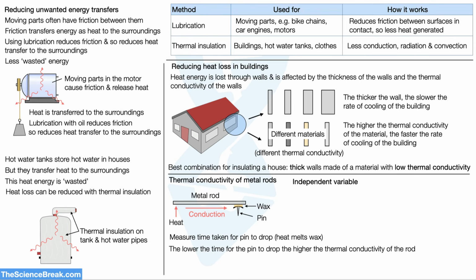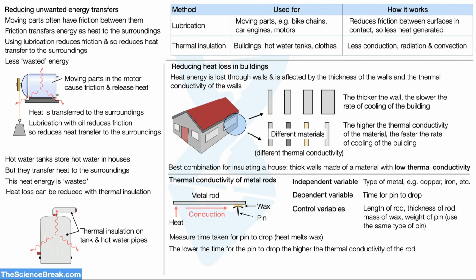The independent variable in this experiment is the type of metal, for example, copper or iron, and the dependent variable is the time for the pin to drop. The control variables include the length of the rod, the thickness of the rod, the mass of the wax used, the weight of the pin, in other words, use the same type of pin.